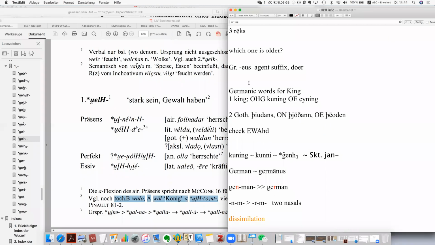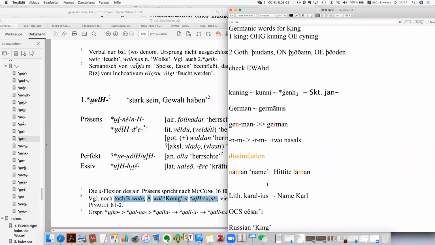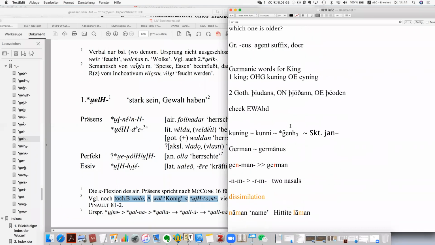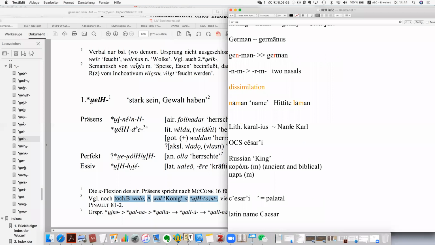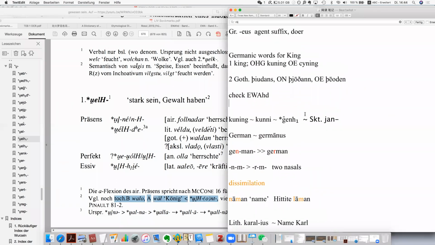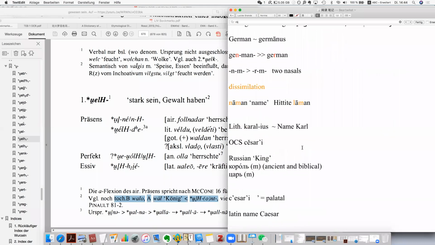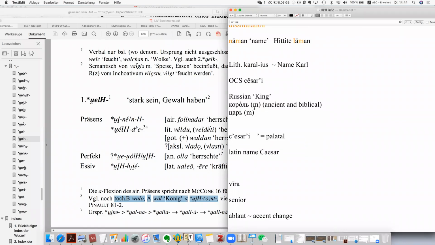So the Germanic root comes from the word for family. It comes from this root, which means give birth to. And also the Balto-Slavic words for king, there are actually 2 words, and they both come from personal names.